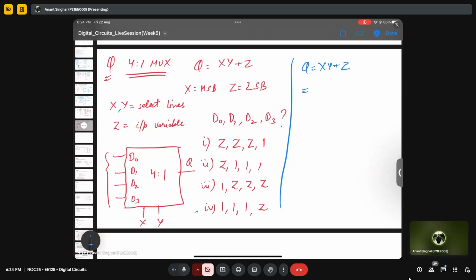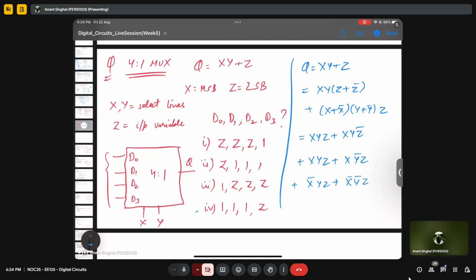So let's write that in the standard form as we in general do. x y we can write as x y times z plus z bar, plus we can write x plus x bar, y plus y bar times z, which will give me x y z, x y z complement, x y z, x y bar z, x bar y z, x bar y bar z.